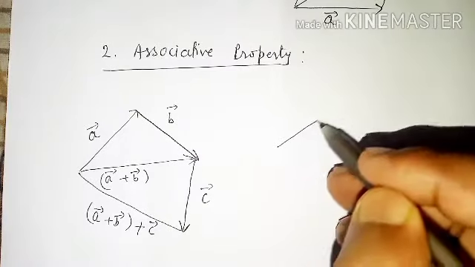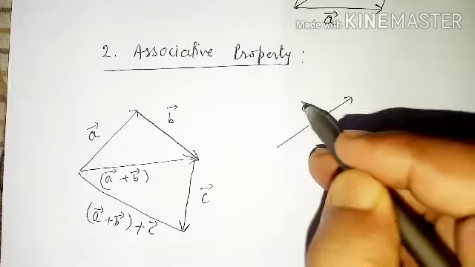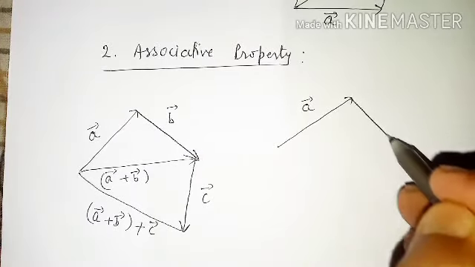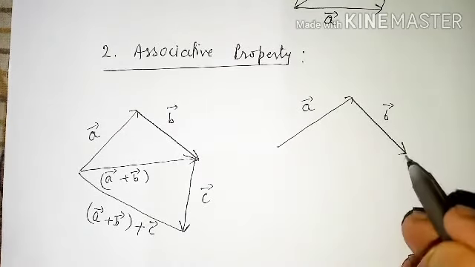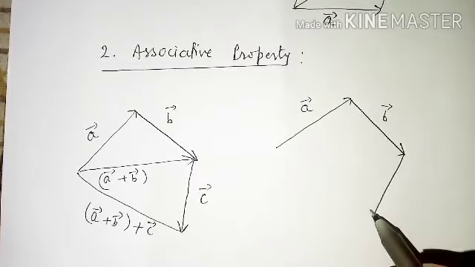This is vector a, this is vector b, and this is vector c.